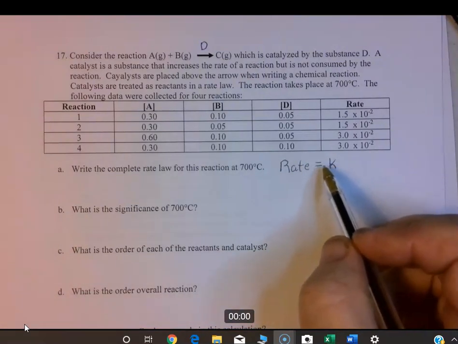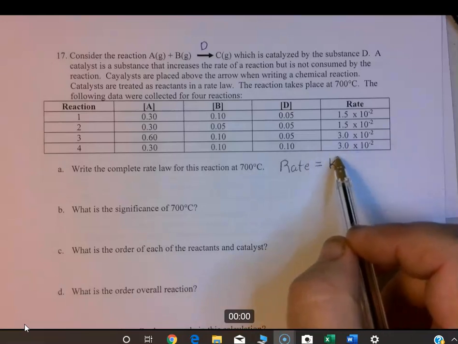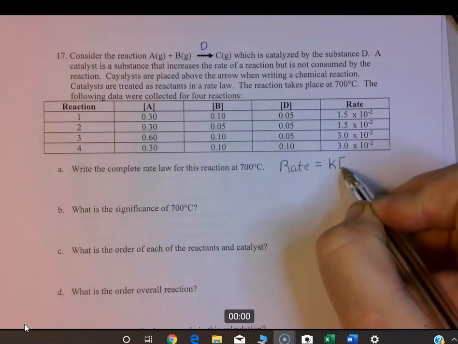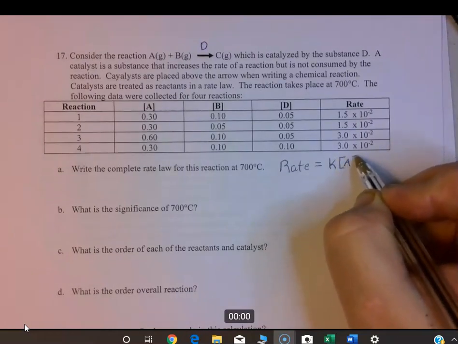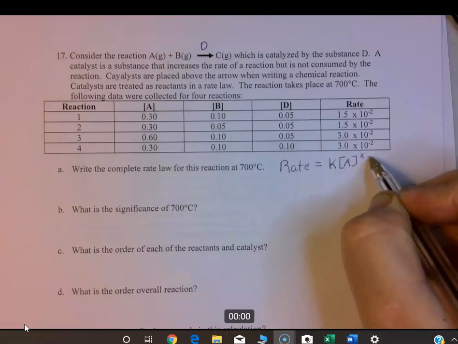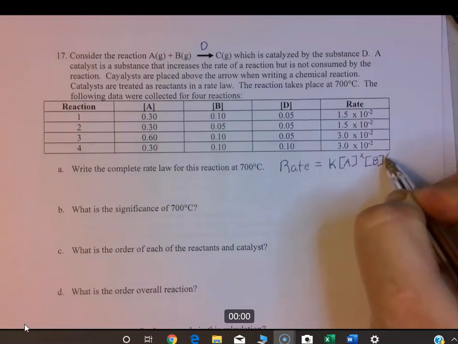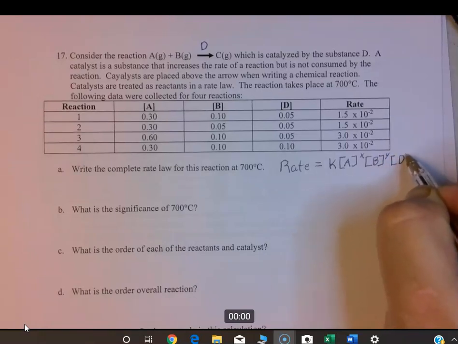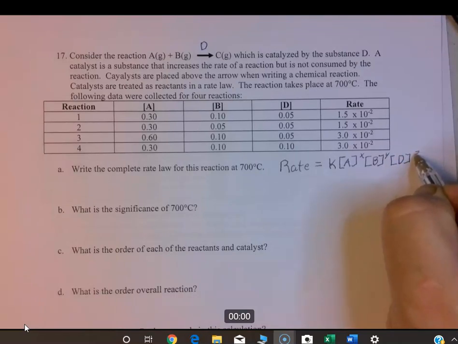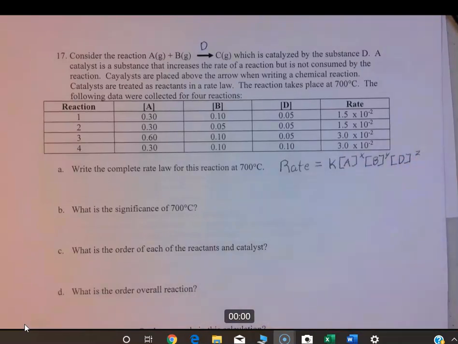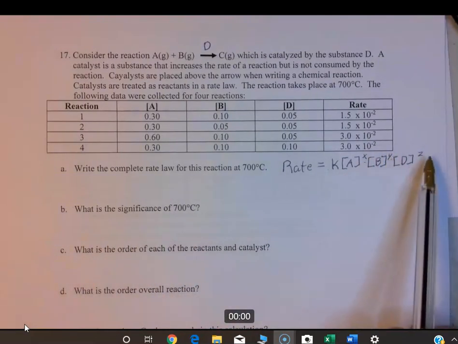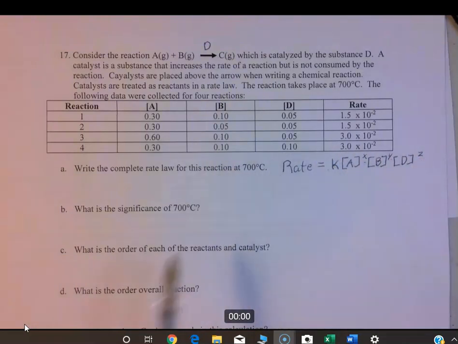That's significant because we're going to be dealing with a K for the rest of the course that's an uppercase, a capital K. And then it's times the concentration of A raised to some power X, the concentration of B raised to some power Y, and the concentration of the catalyst D raised to some power Z. So that's the general form of the rate equation. What we need to figure out is what is X, what is Y, what is Z, and what is K, and then we'll have a rate equation.